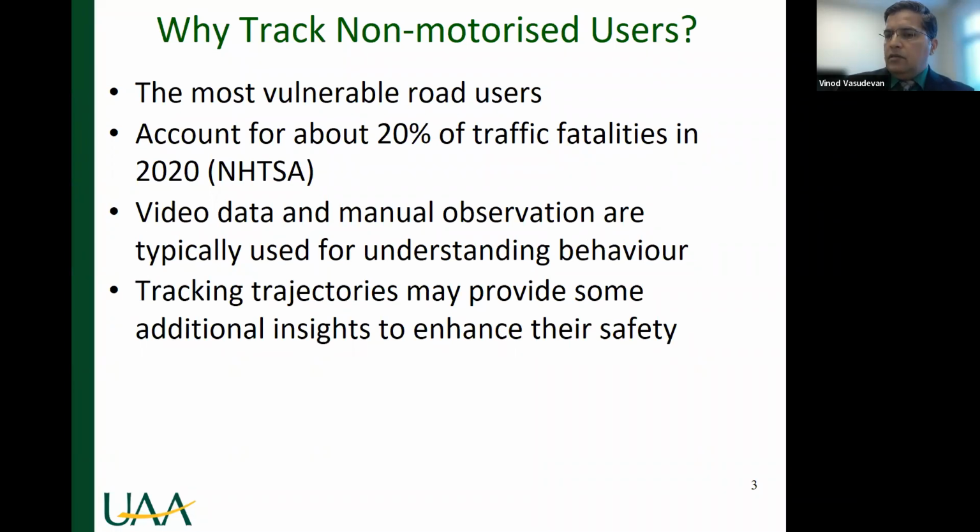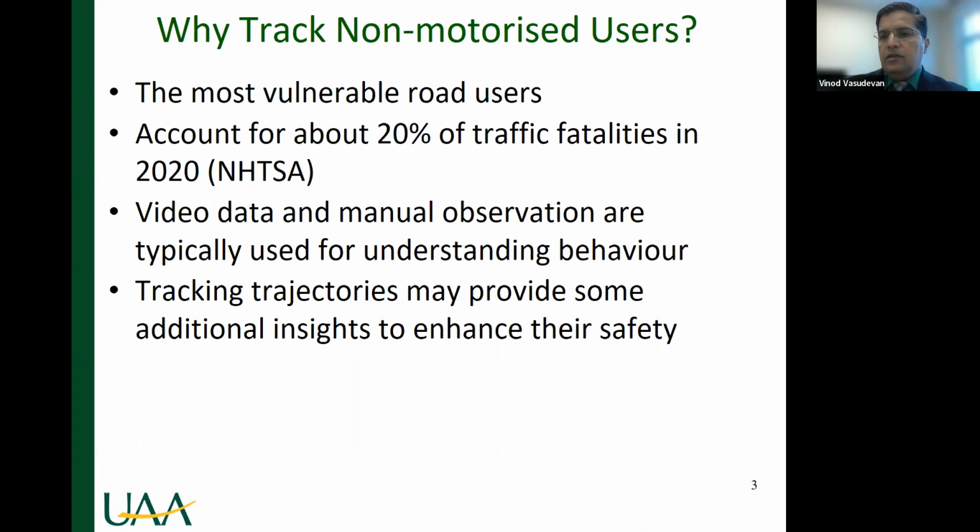Now, as we move into the connected vehicle era, tracking vehicle trajectories becomes very important. The technology will evolve over the years, and technology already exists to track vehicles. Tracking trajectories of non-motorized users is also extremely important.